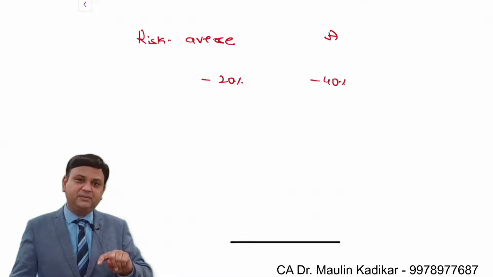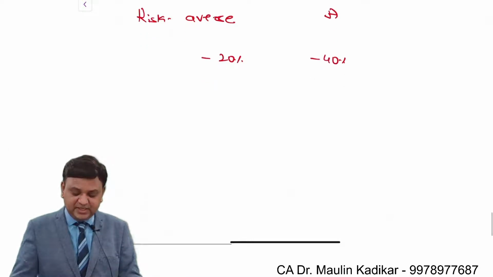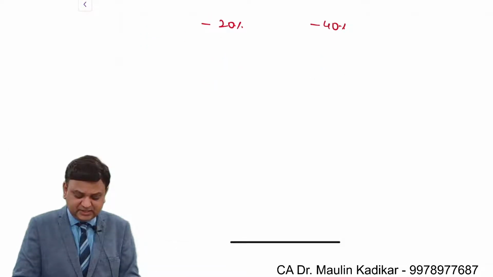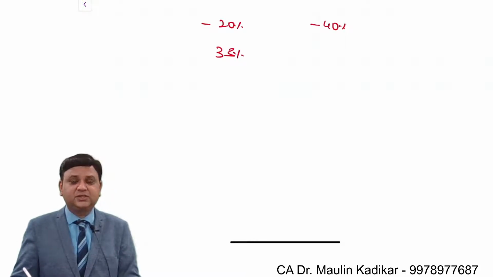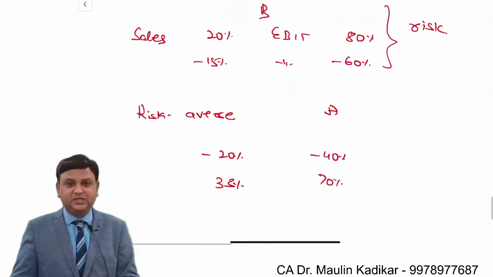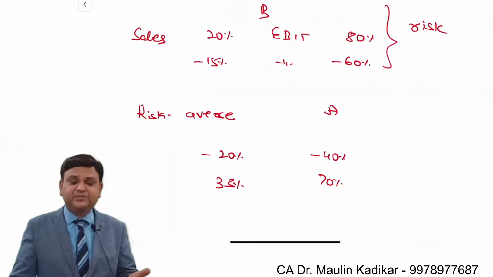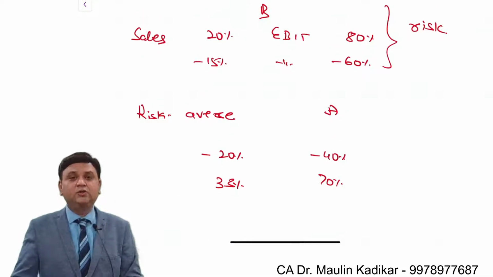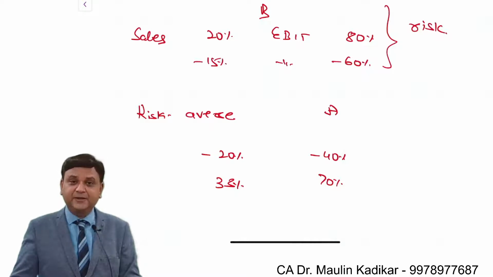At the same time, if the sales increases by 35%, your profit will increase at the rate of only 70% instead of 140% in case you would have selected plan B.